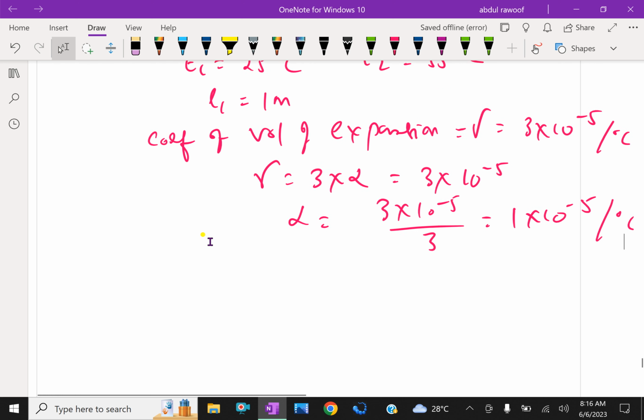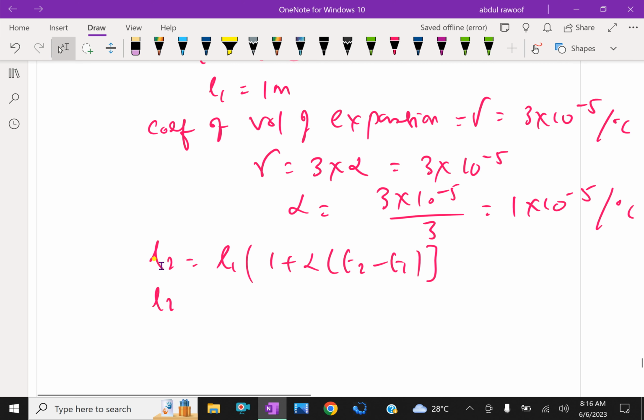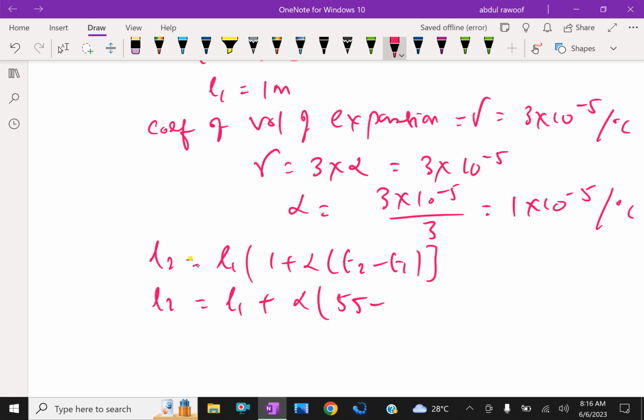Now, we have the relation L2 equal L1 times 1 plus alpha (T2 minus T1). Then from this, L2 equal L1 plus alpha (T2 minus T1), which is 55 minus 25, into L1.